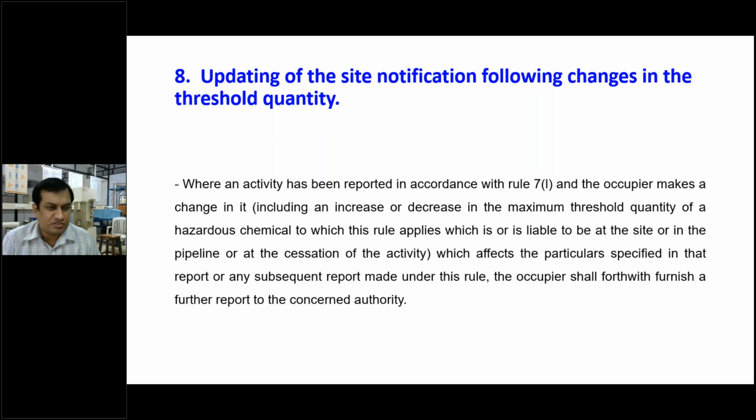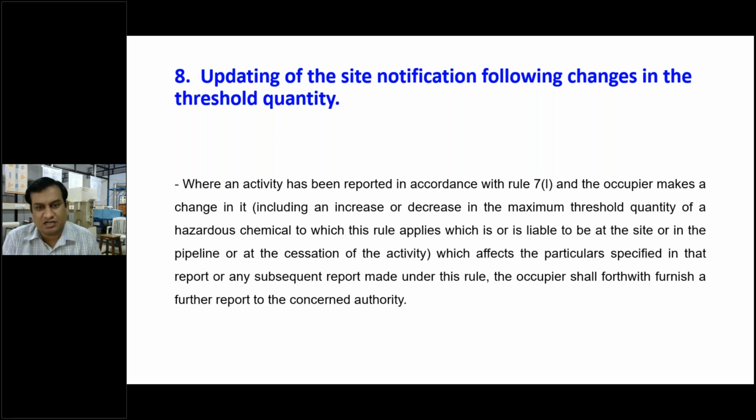Because when you are changing the quantity of a hazardous chemical, if you are changing the material flowing capacity of the pipelines, if you are changing the storage quantity, or you are changing the quantity in the operation or the manufacturing process, then the major accident hazard identification may be a different case.